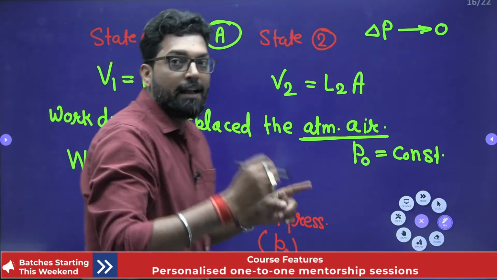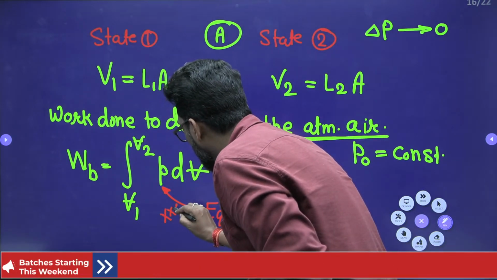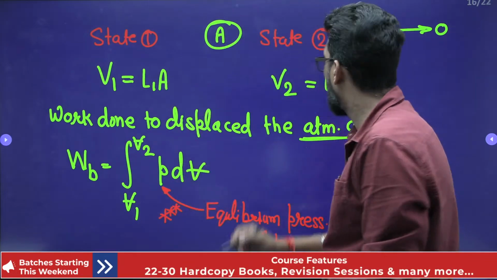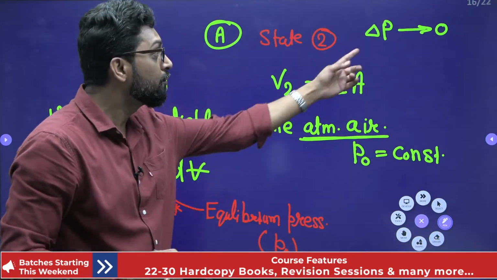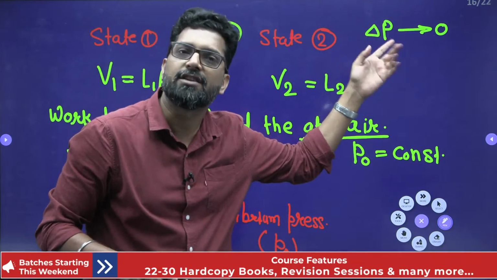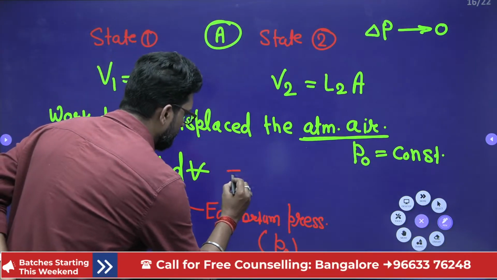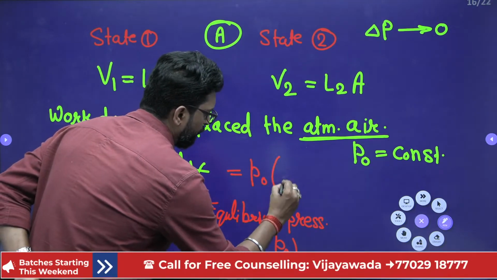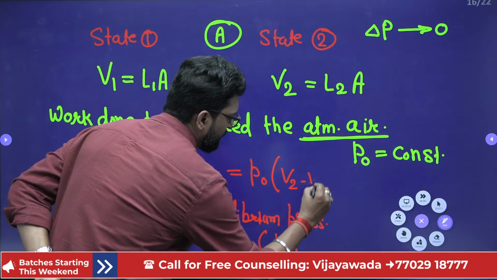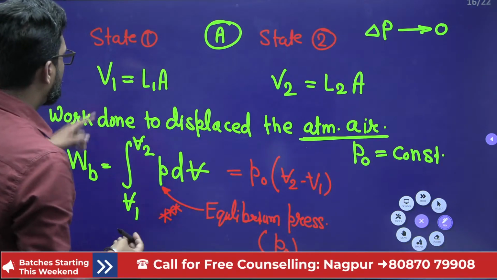That is the point where many students get confused here. Okay, sir, how to find the pressure? Because the pressure inside is changing, but that change is very slow, and you have to identify that the process is quasi-static. So P naught times (V2 minus V1). And what is V1?